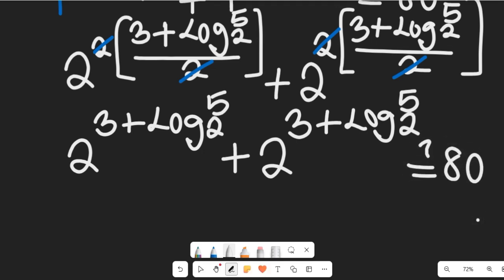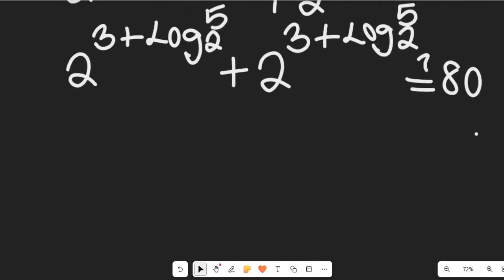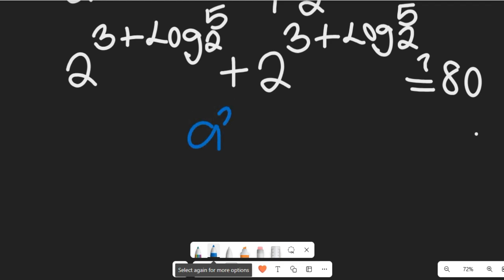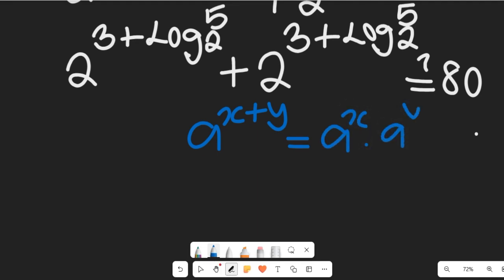Now let's look at the laws of indices. From the laws of indices, if I have a to the power of x plus y, this can simply be equal to a to the power of x multiplied by a to the power of y, right? That's why I say if you are not grounded in logarithm and indices, forget this question.